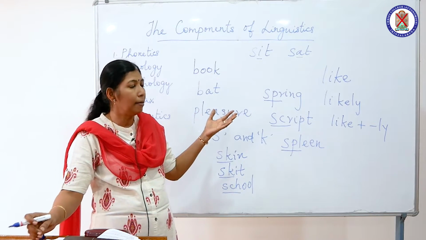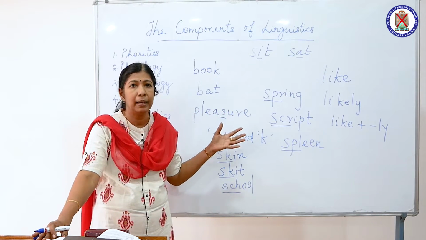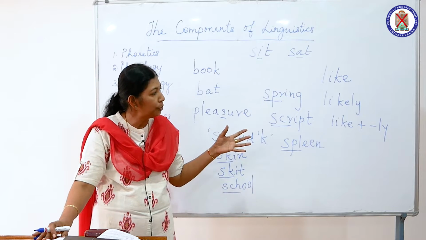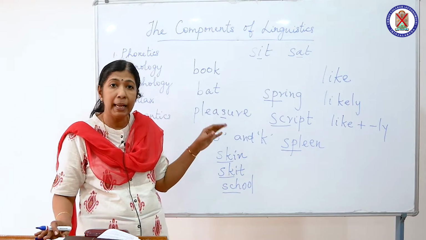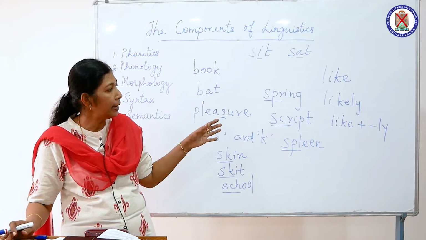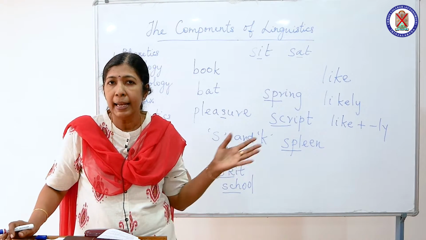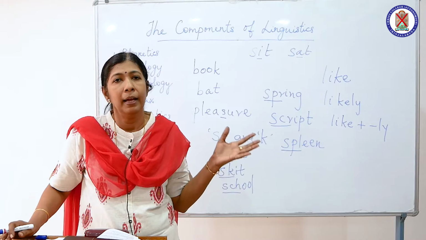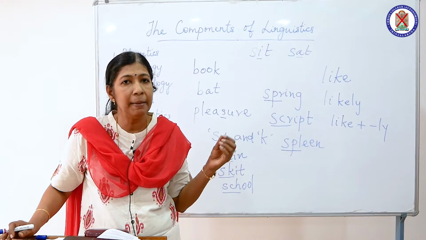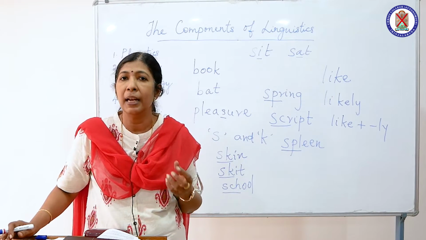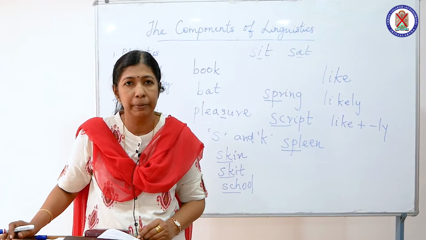So the word likely can be said to be composed of two meaningful units, like and the suffix ly. Like, as I said earlier, can be used as an independent word, as a noun or as a verb.